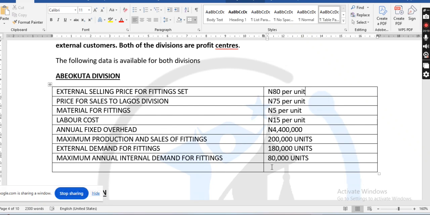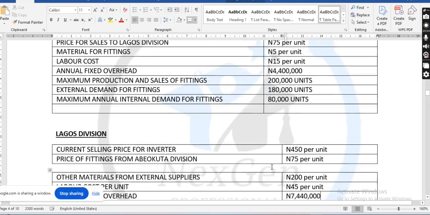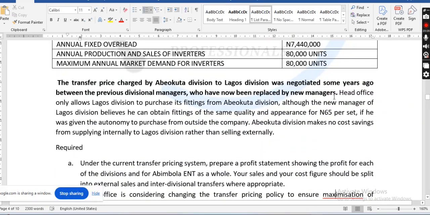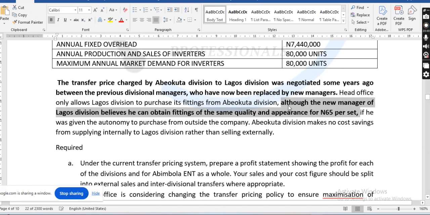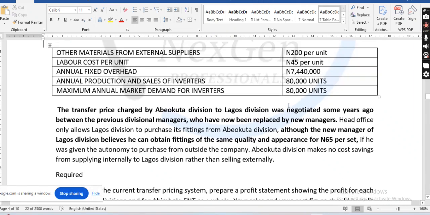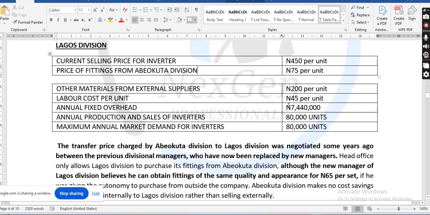At 80 naira per unit, because that is the external sales. Right? Now, if this is established, the new manager of Lagos believes he can obtain fittings of the same quality and appearance at 65 naira per set, which is per unit. Now, the new divisional manager says, oh, I can get it cheaper than the 75.